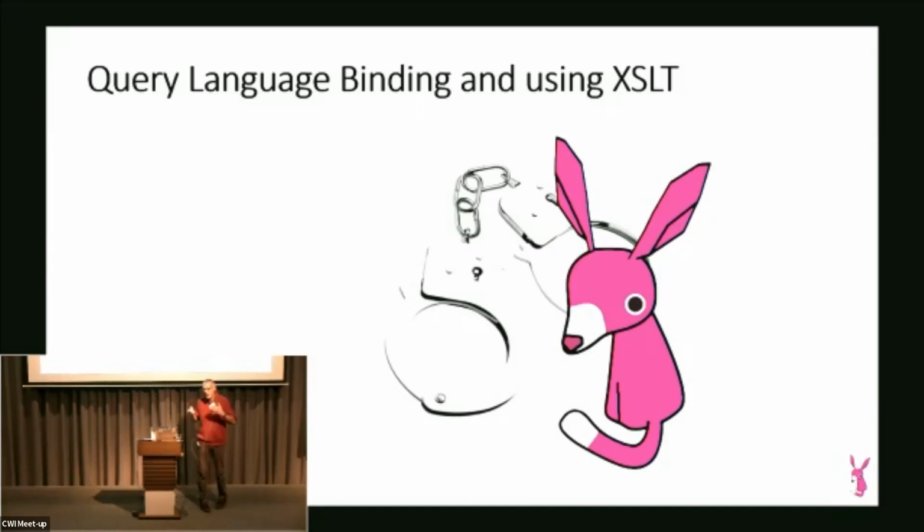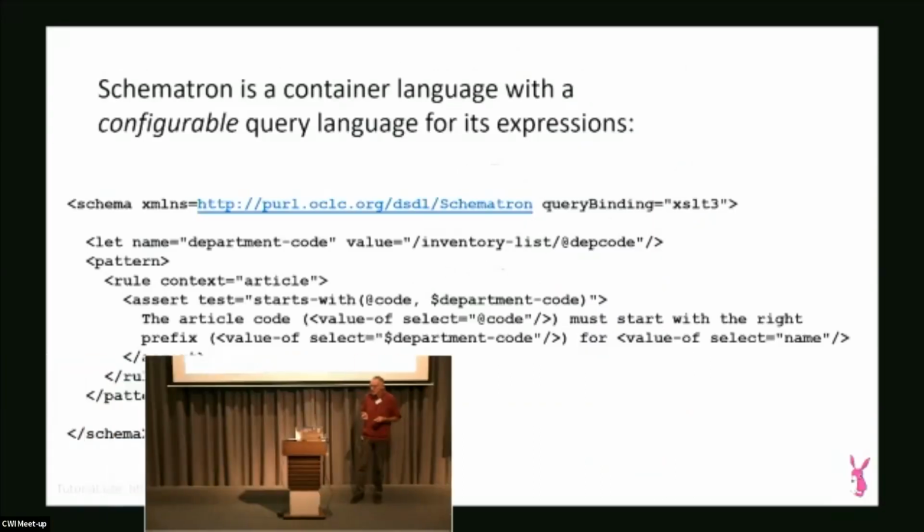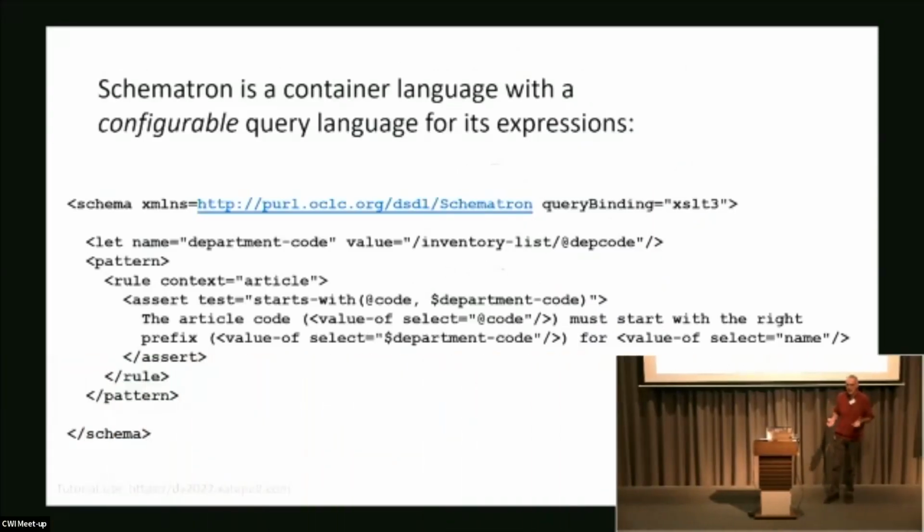What is actually happening? What's happening is that Schematron is a container language. It's a language in which you can configure the query language. So the language you use in the select expressions, in the context expressions, in the test expressions is configurable.